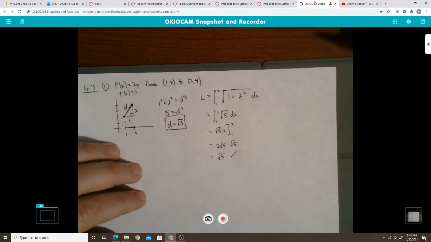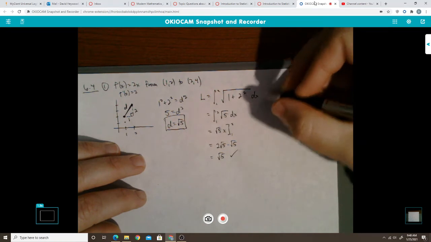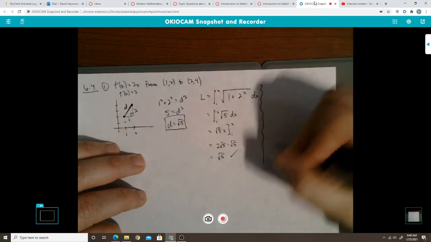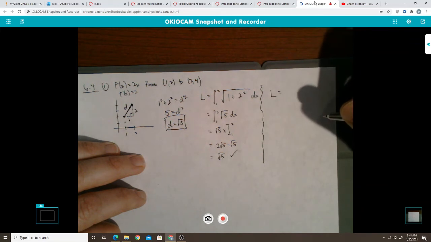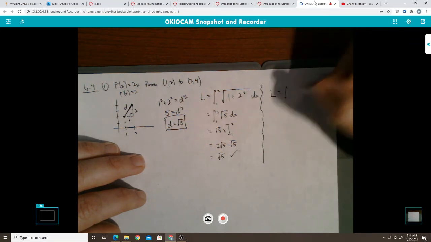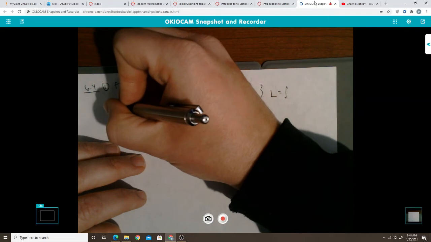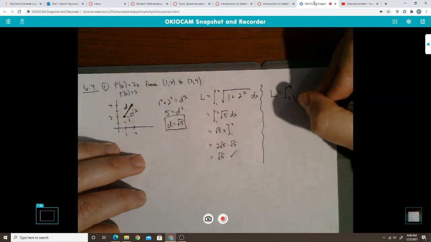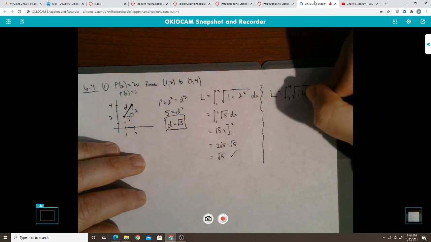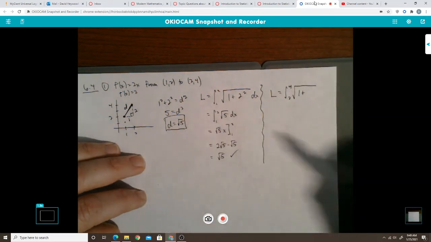And then they want us to also check it when we integrate with respect to y. So if we do that with respect to y, the length of our segment is going to be the integral from 2 to 4 this time, right? From 2 to 4 of the square root of 1 plus g prime of y squared.